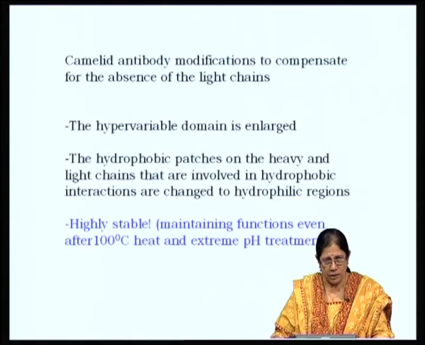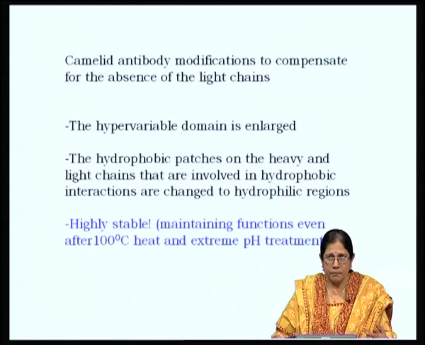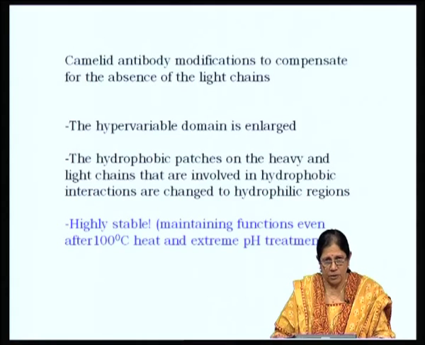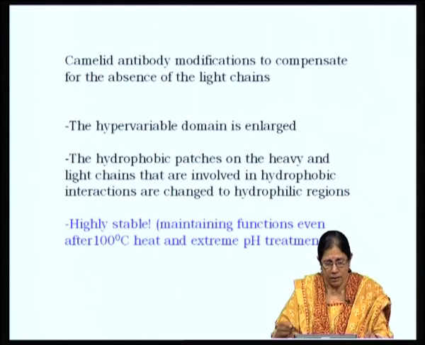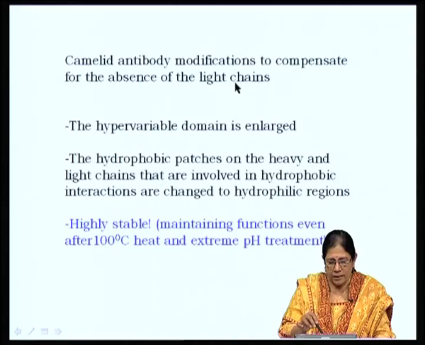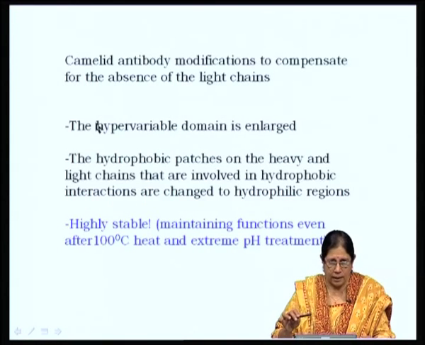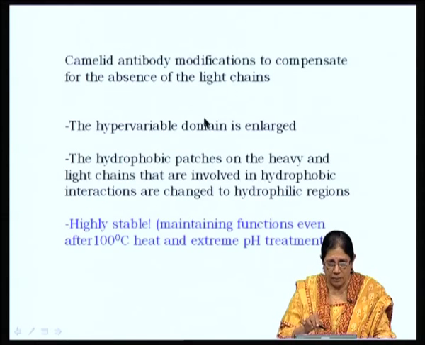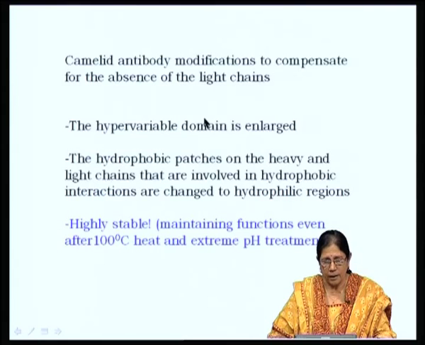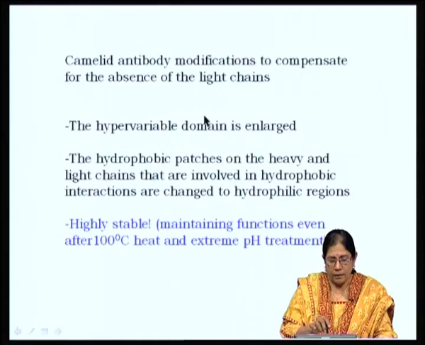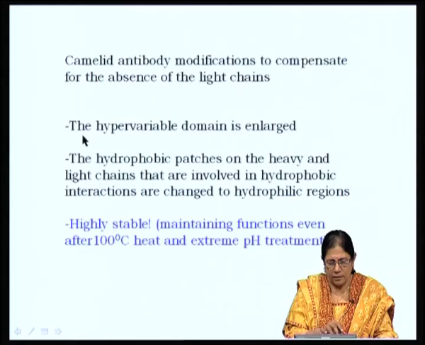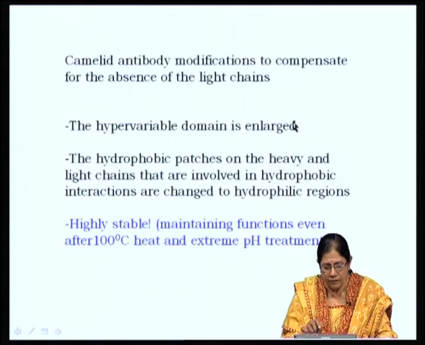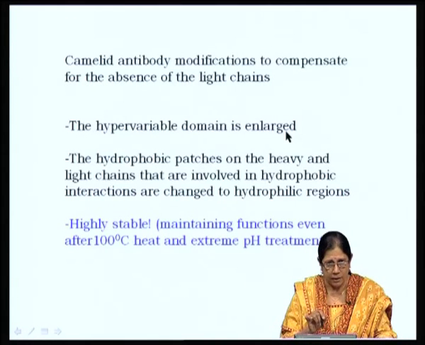Now, I am not going to deal with the entire paper that was described by two scientists from Belgium, but I thought I will just tell you what could be the main two modifications that the camelid antibody chains needed to undergo, so that they now become soluble proteins and are effective. To compensate for the light chain, the hypervariable domain of the heavy chain is enlarged by 7 to 8 amino acids.